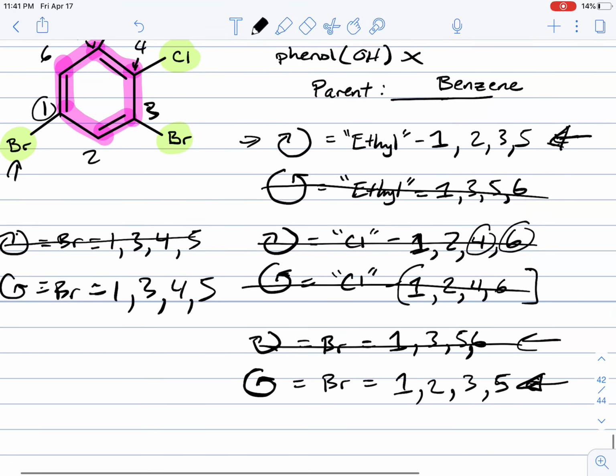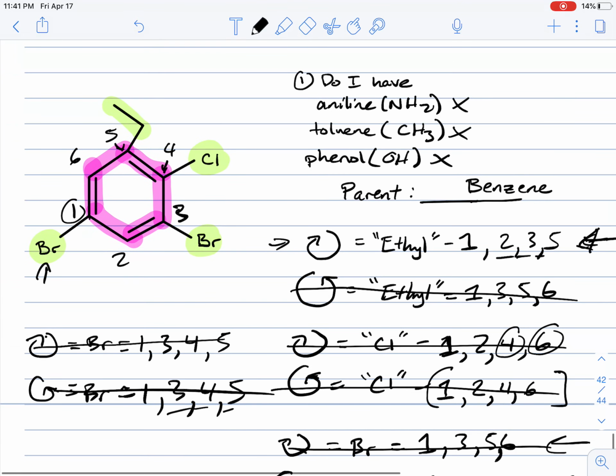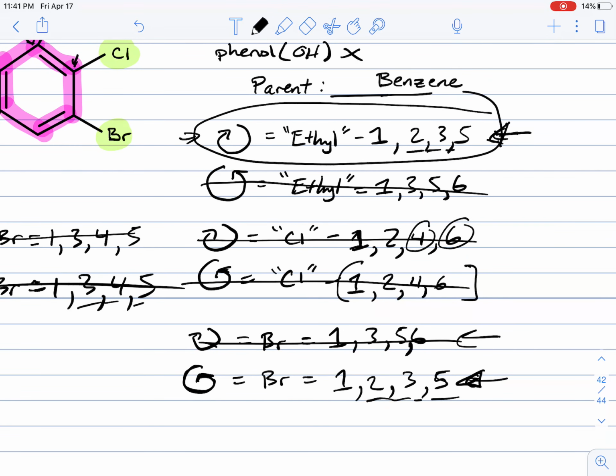And so these sets is going to be higher than these guys. And therefore, this is incorrect. And so it looks like we have two options. We have this numbering system and this numbering system.